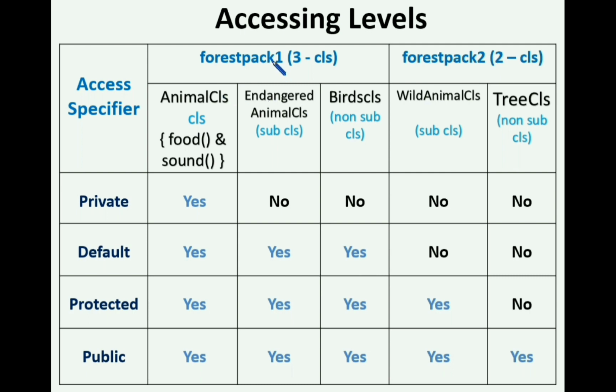Forest Pack 1 consists of three classes, namely animal class, endangered animal class, birds class, whereas Forest Pack 2 consists of two classes, namely wild animal class and the tree class. Now there are four accessibility levels, namely private, default, protected and public. We are going to see the accessing level of these two methods, namely food and sound.